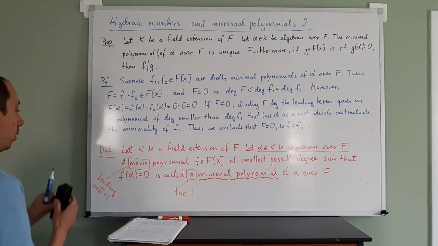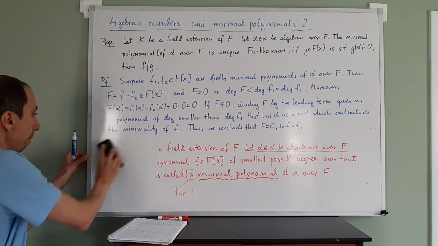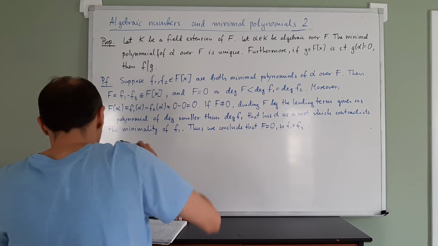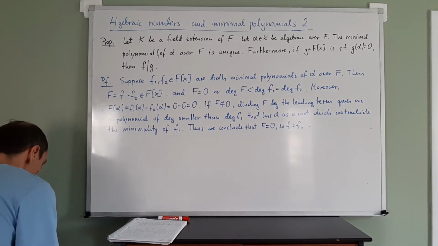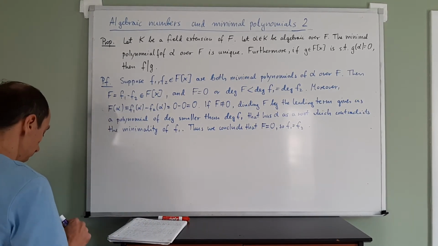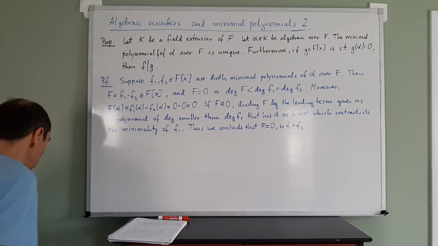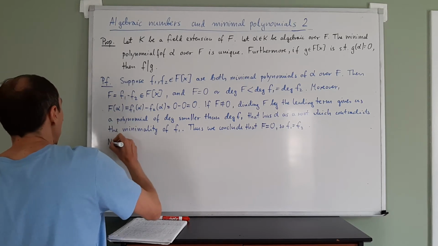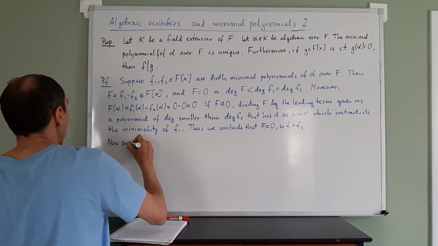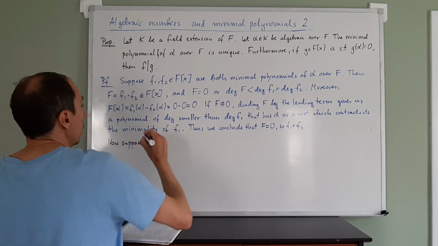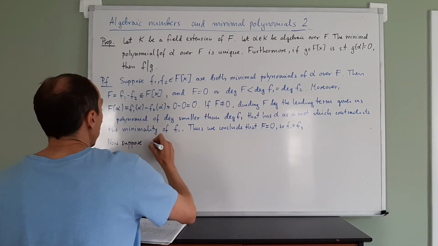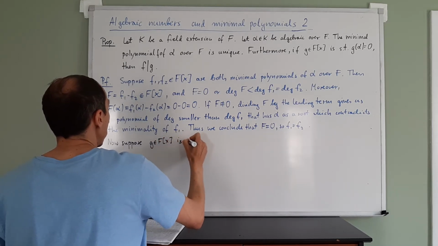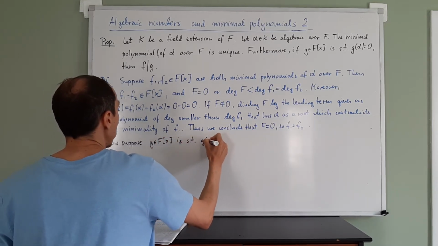Let's now prove the second part of this proposition. So now suppose g in F[x] is such that g of alpha is 0.